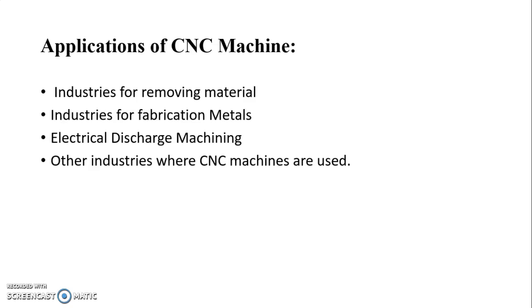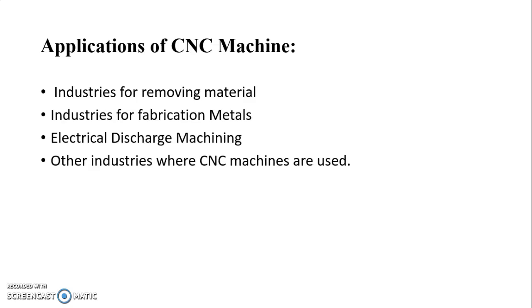Then second, the metal fabrication industry, where thin plates like steel plate are required for various purposes that require machining operations on such plate. For example, operations like shearing, flame or plasma cutting, punching, laser cutting, forming and welding.